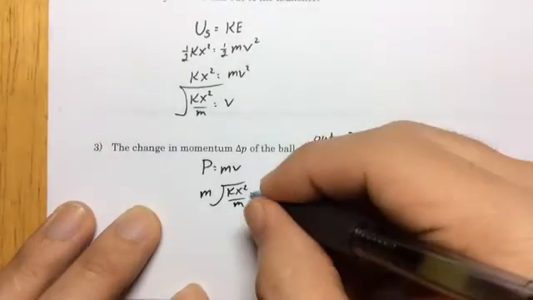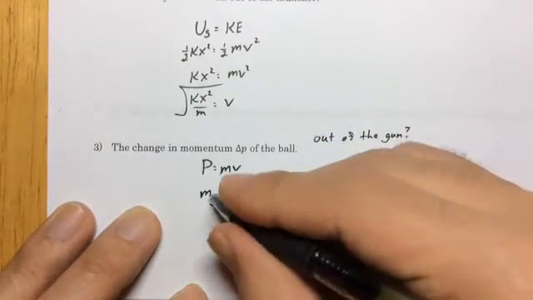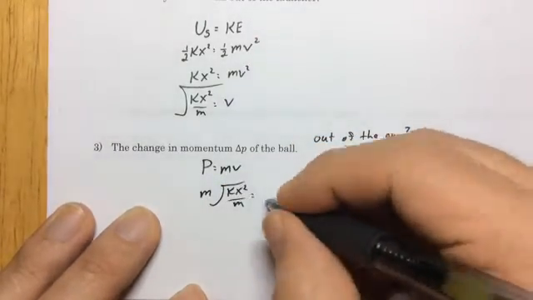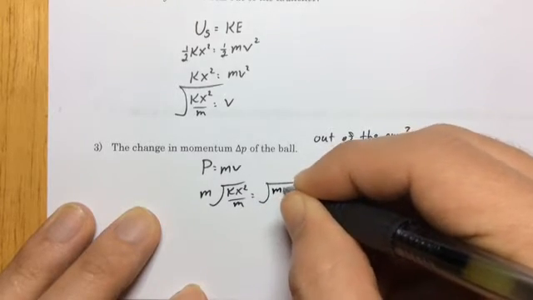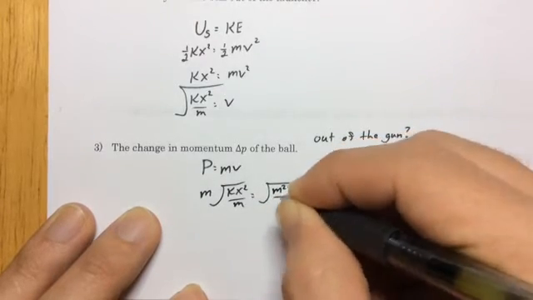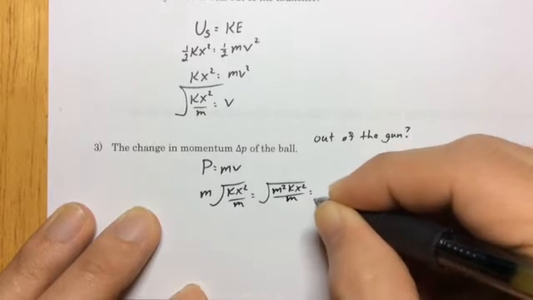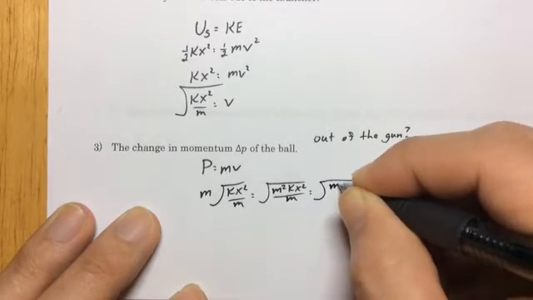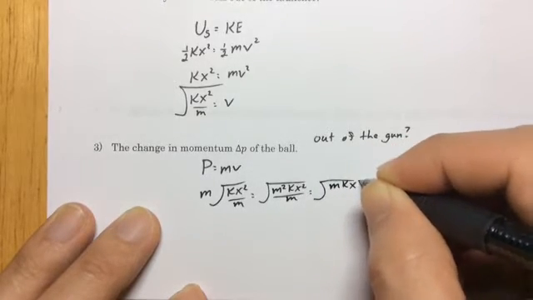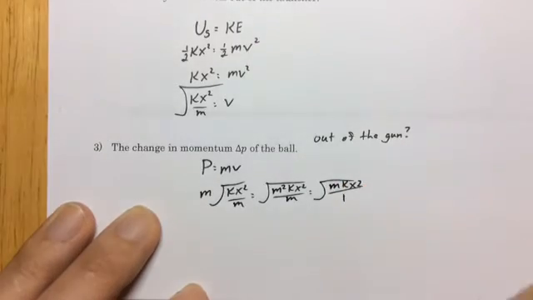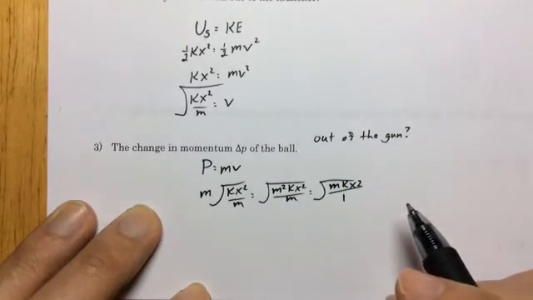Then I can put that into the square root. I can square it, so that would be m squared kx squared over m. And that's m kx squared, so just the square root of mkx squared.